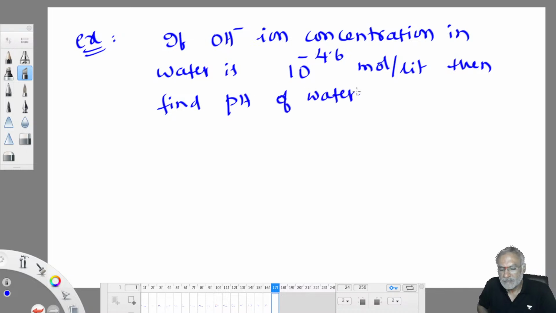Question could be like this. He has not given pH, but you are expected to find out pH. But what is given indirectly? OH minus ion concentration is given. Come on, tell me how to work out. Right?